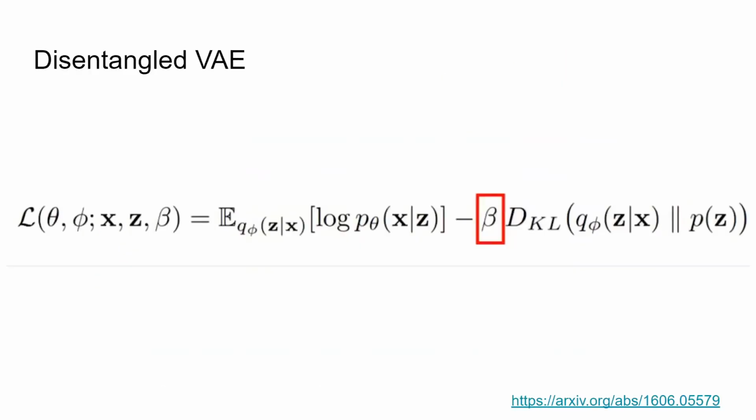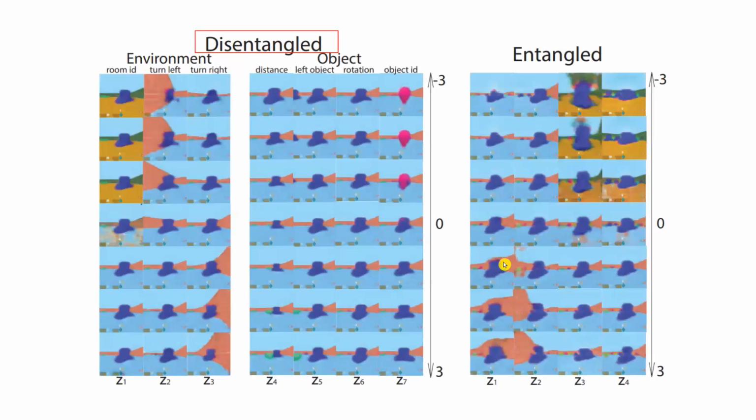By doing this, I have the paper link down here, by the way, in case you're interested. By doing that, what they claim is that with this disentangled variational autoencoder, they're able to extract features more specifically and better than a regular entangled autoencoder.